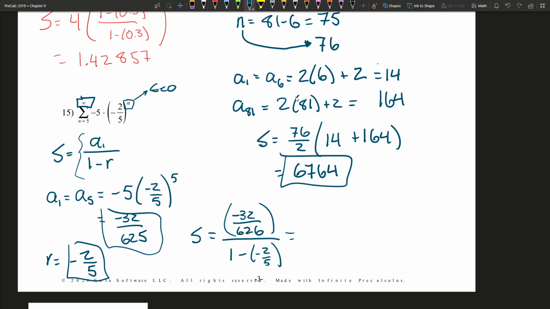So when we do that, we get negative 32 over 875, or negative 0.03657.